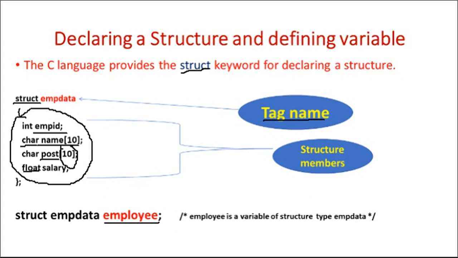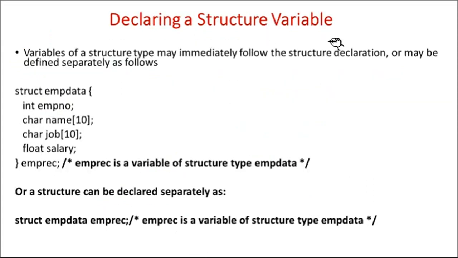Now let's see the next part, declaring a structure variable. We have seen that earlier. Either we can declare it in this sense or directly declare it here. Both are acceptable.